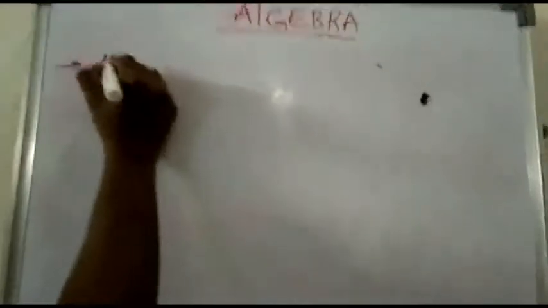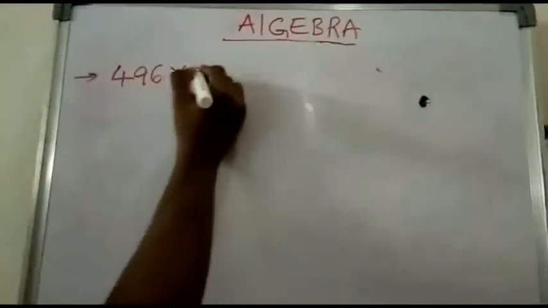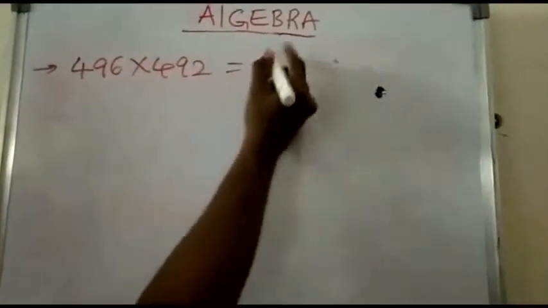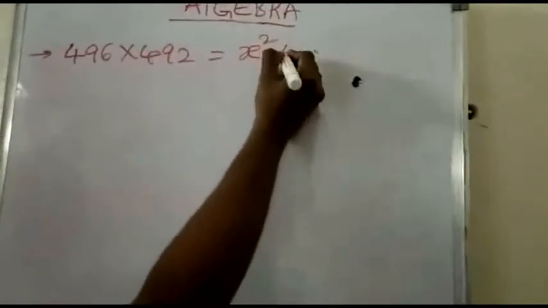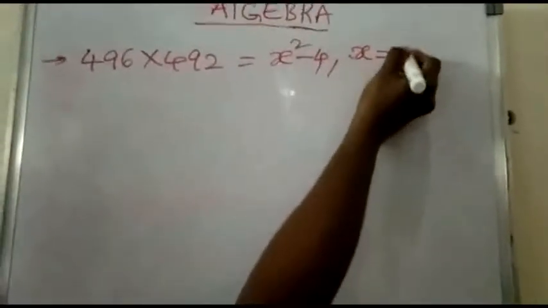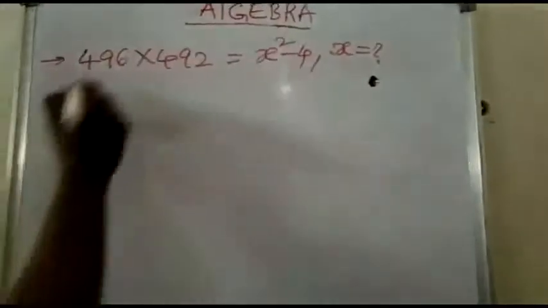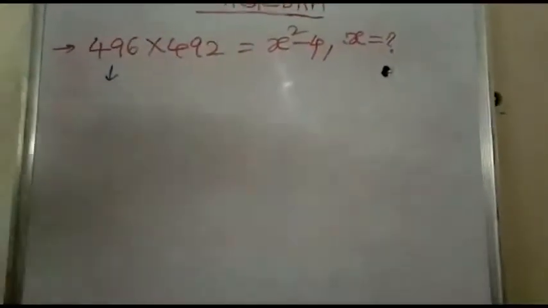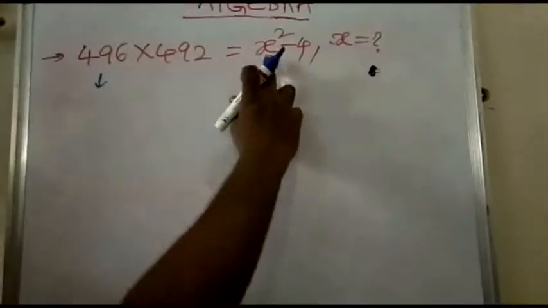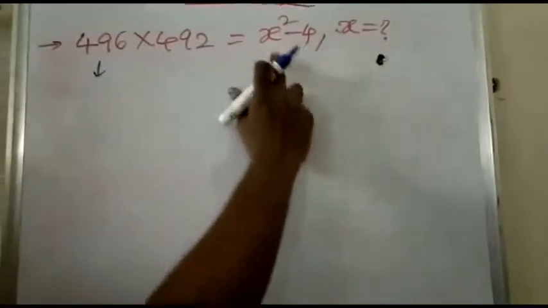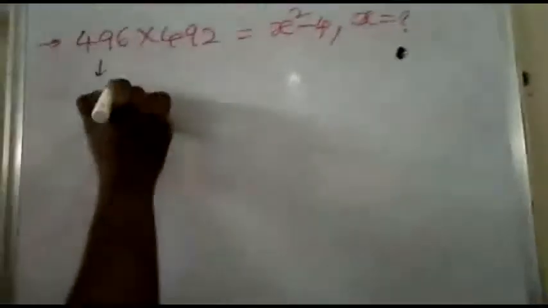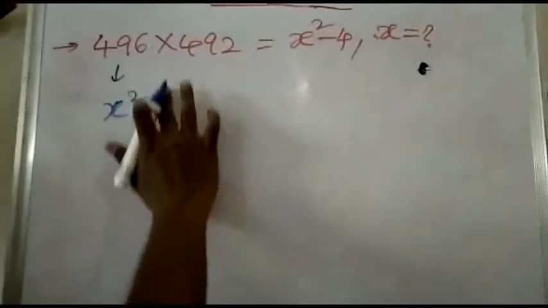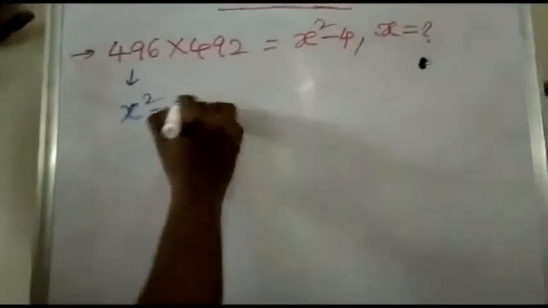The given question is 496 into 492 is equal to x square minus 4. What is the value of x he is asking? Seeing these very big numbers, there is a hint for us. x square minus 4 is resembling a square minus b square, that is x square minus 2 square.